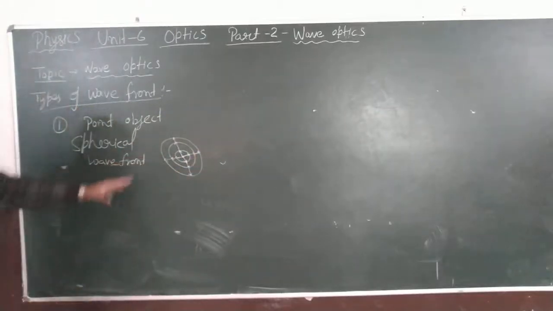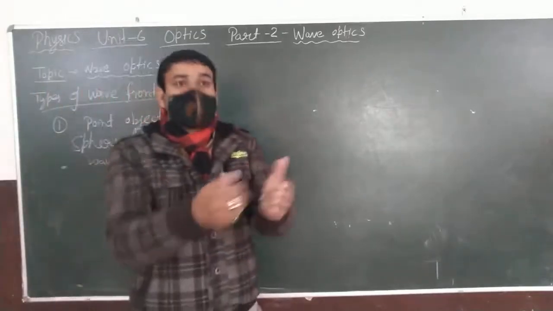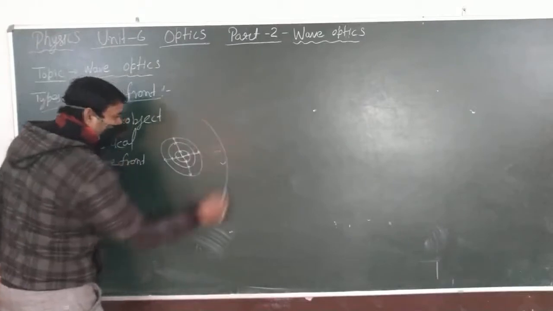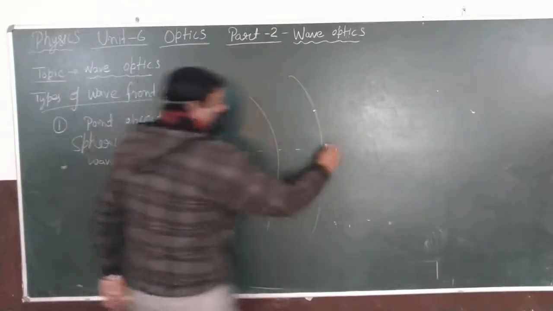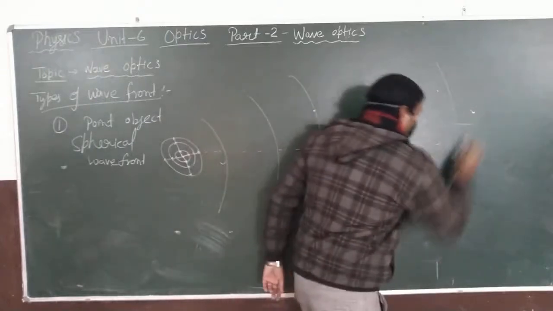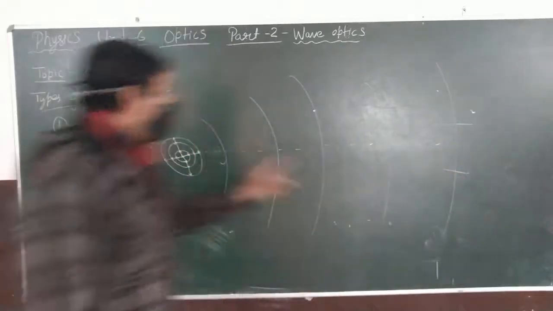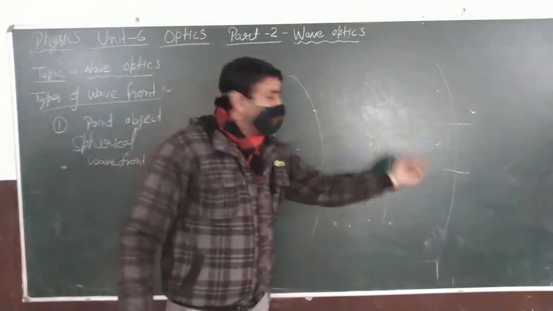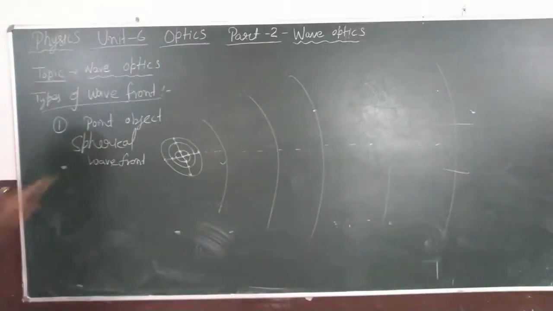If the source is very far away and the radius of the sphere increases, then if we take two points, they are parallel to each other or in a single line. So if the point source is very far from the point of observation, the wavefront behaves like a plane surface. This is the first condition.